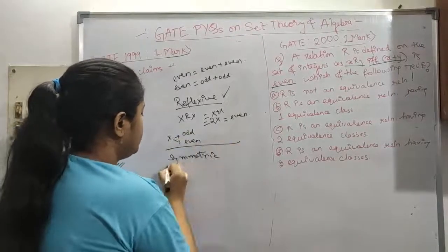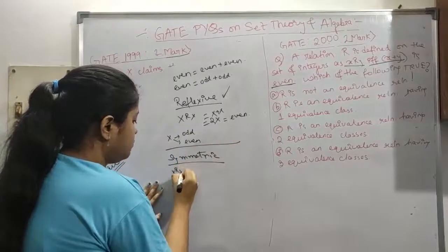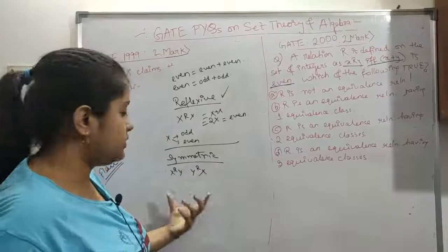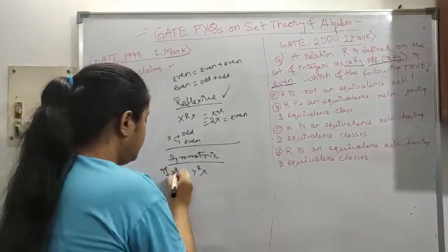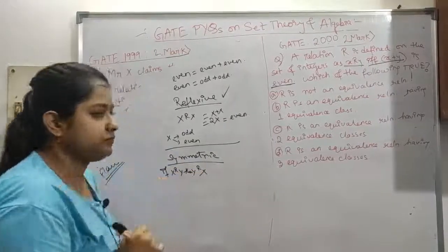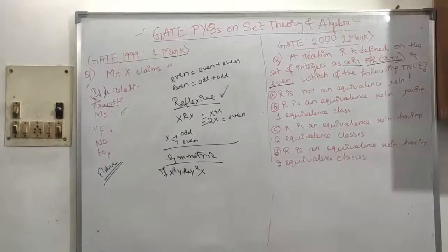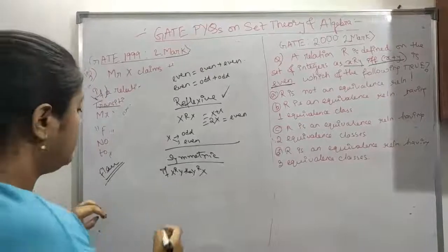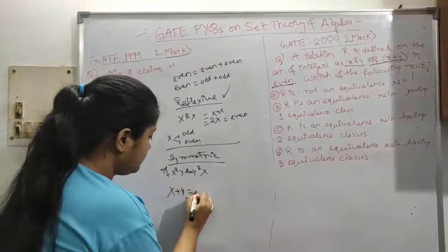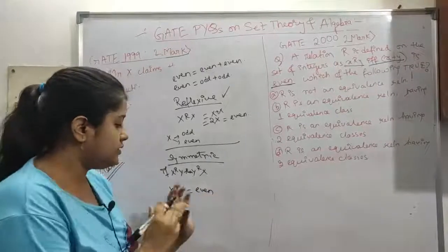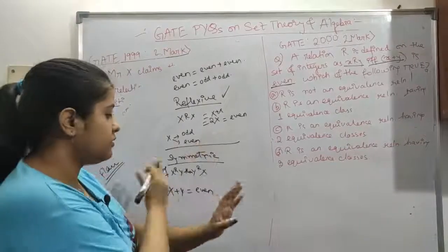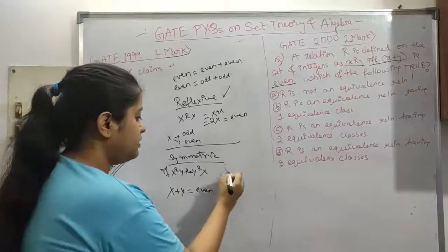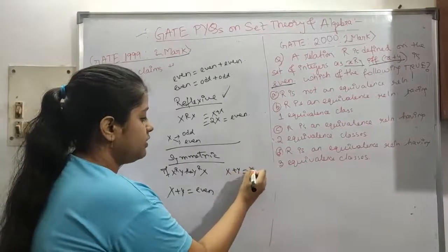Okay, so next is symmetric. If x is related to y, then y has to be related to x. This is what symmetricity is telling. If this is there, then this has to be present. And here it is already given that x plus y is even. So if we just swap this, not swap, just commutative. Addition is commutative, we have already seen x plus y is y plus x.